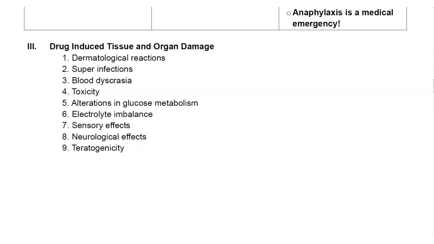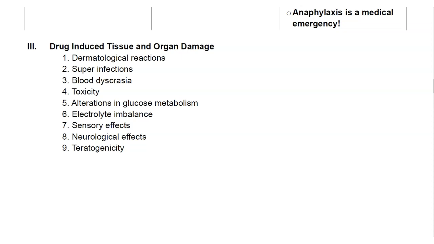Blood dyscrasia is basically a problem with the blood count, so abnormalities in the different blood cells. Toxicity, depending on what drug it is, can be toxic to different organs. Alterations in glucose metabolism, specifically one of the most common drugs would be your steroids, which can increase the glucose levels. Some medications can actually alter the electrolyte levels.